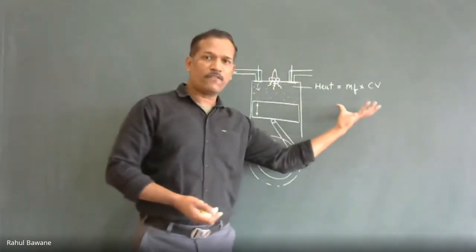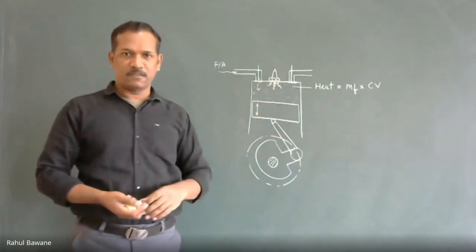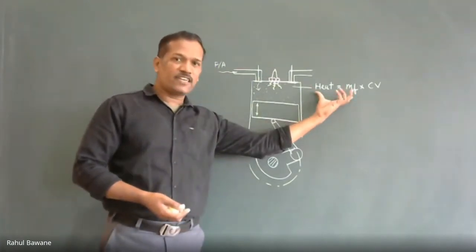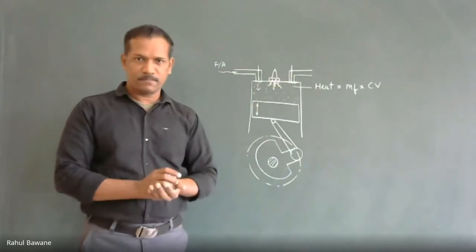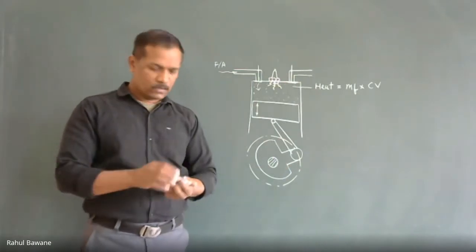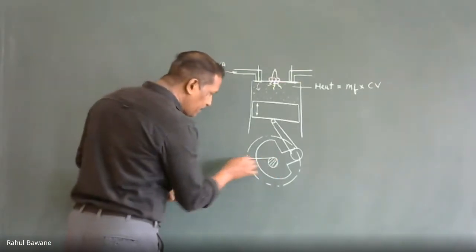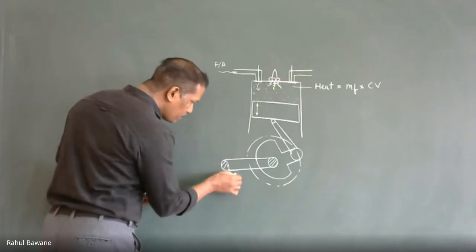This much heat is generated inside the piston cylinder arrangement. Now, is this total heat generated converted into work at your output shaft, is it all available to rotate the shaft?